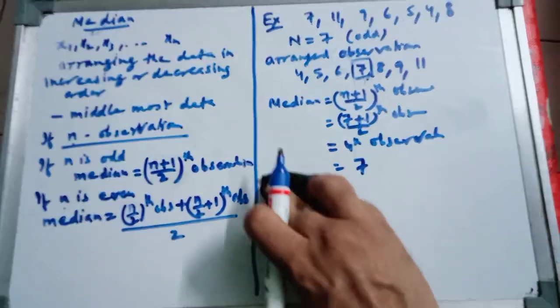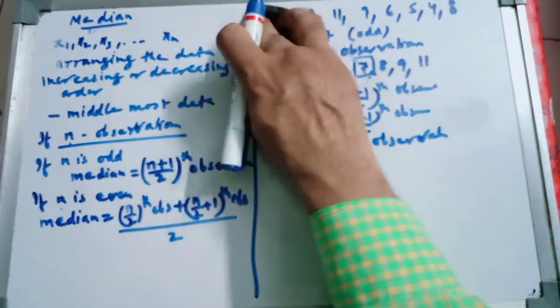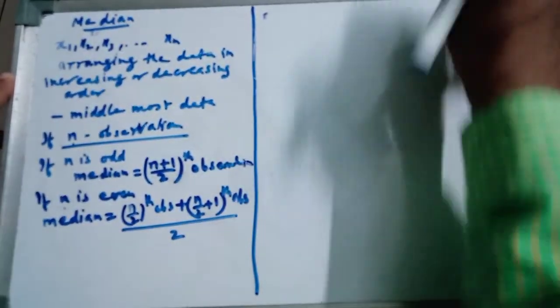Now another example I'm taking. I'll rub this, and then I'll take one example where the number of observations is even.